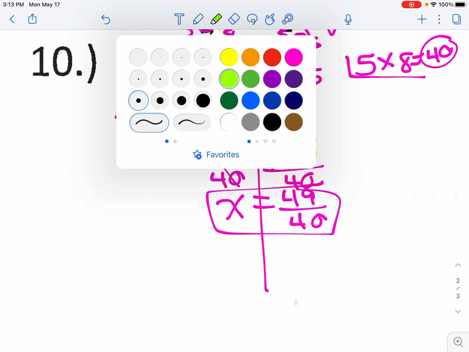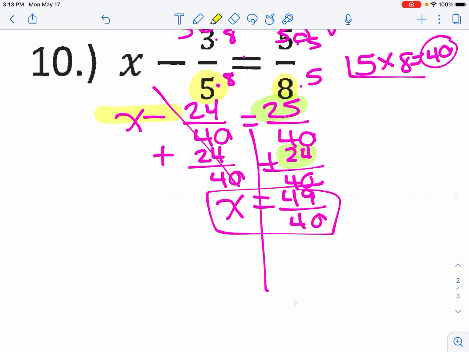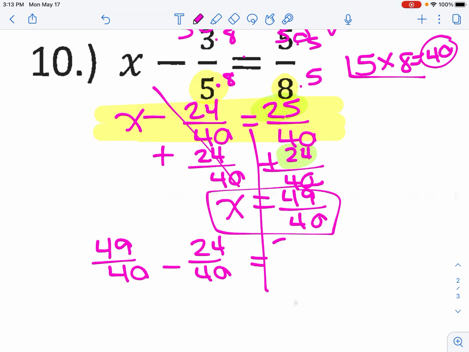So now I'm going to substitute. Remember, we rewrote the equation as x minus 24/40 equals 25/40. So I'm going to rewrite that, but instead of saying x minus, I'm going to use my solution. Is 49/40 minus 24/40 equal to 25/40?